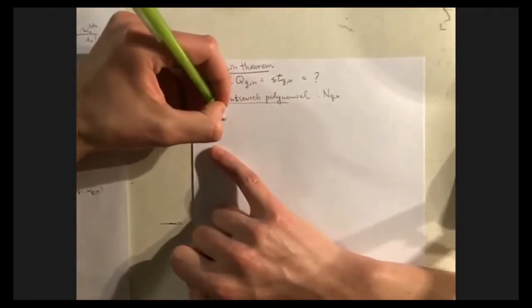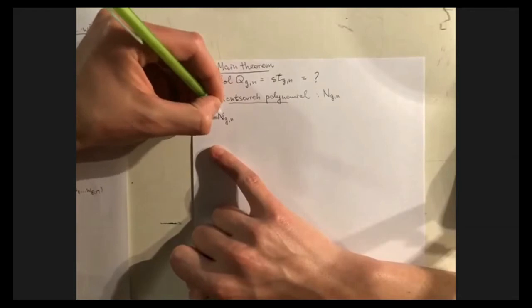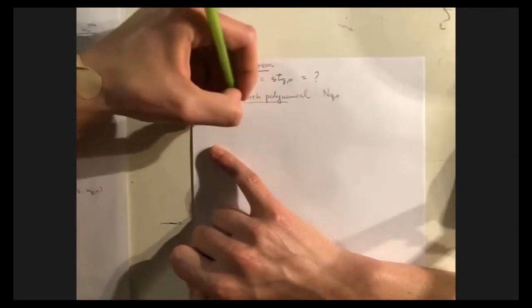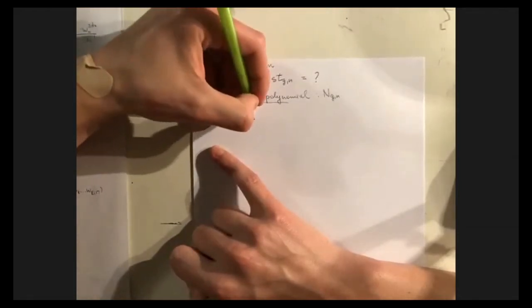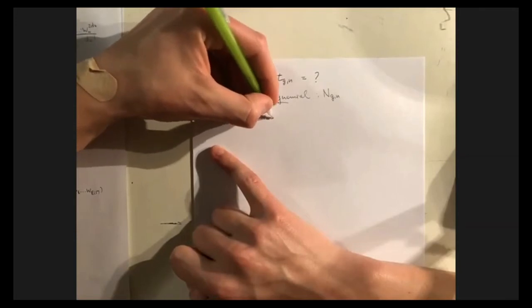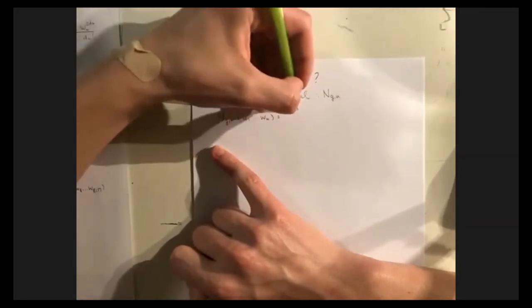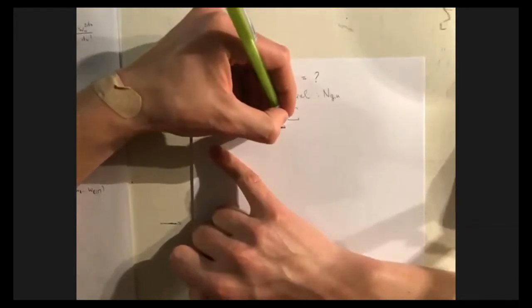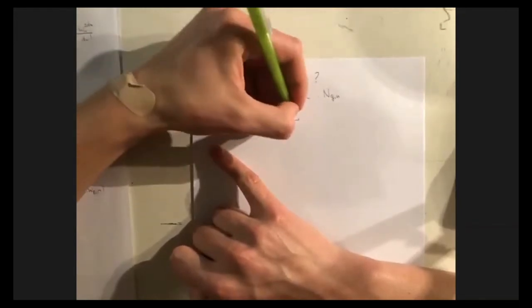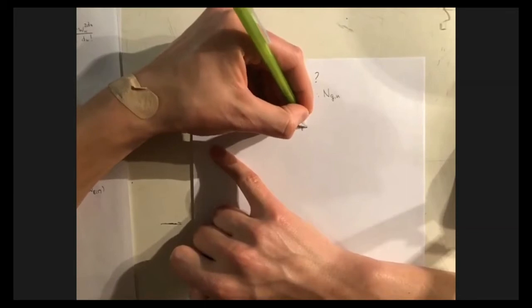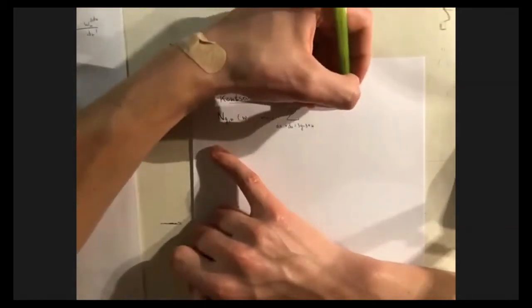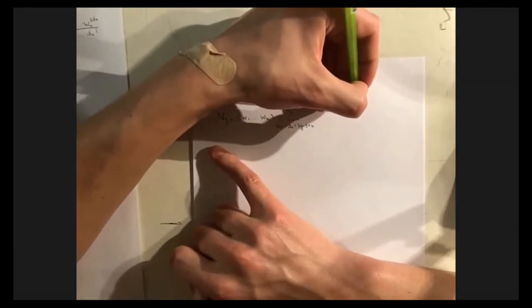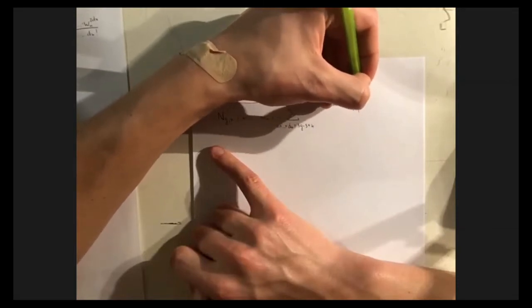It's a homogeneous symmetric polynomial that has n variables. We define it as a sum over all partitions of the number 3g minus 3 plus n, and all monomials, all variables, have even powers.